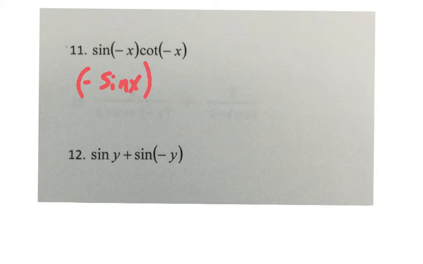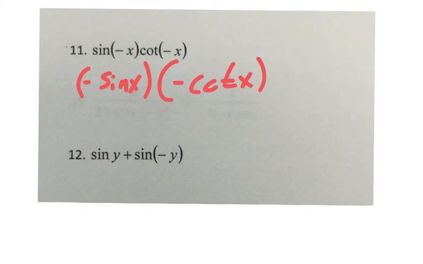And then cotangent of negative x. That tells me what? If I have a negative in the argument, it comes out front as being multiplied. And so now I have a negative times a negative, which I know is going to be positive. And I've gotten rid of those ugly negatives inside the arguments. Okay, now can I simplify again?